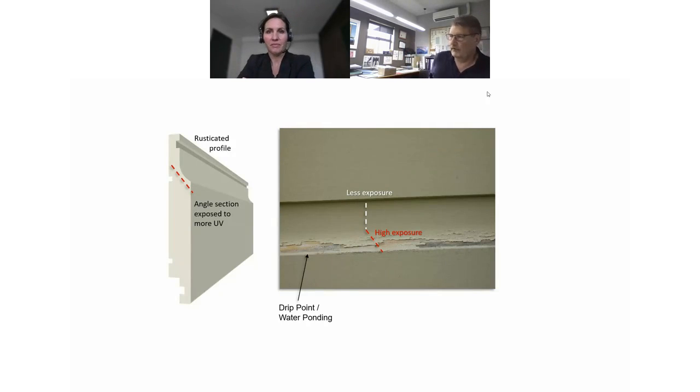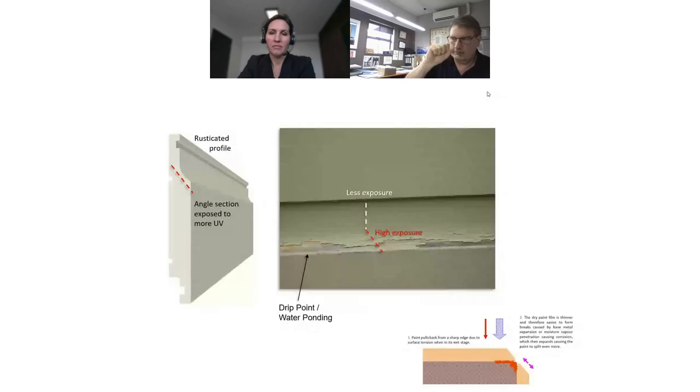But you get a drip point right there where water, when it rains on the board, sits and waits to fall off. But as it's doing that, because when you painted it, paint was liquid and it has surface tension, it pulls back. The paint was thinner on that area. That's why we always say remove the sharp edges of your timber. So there's less paint there in the first place. The water soaks in, it expands.